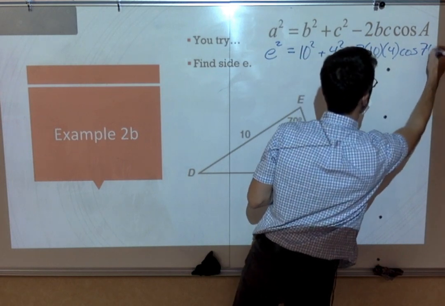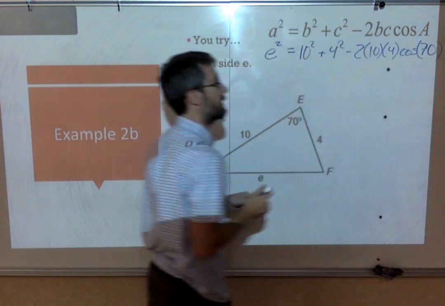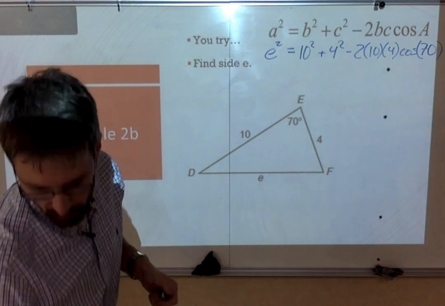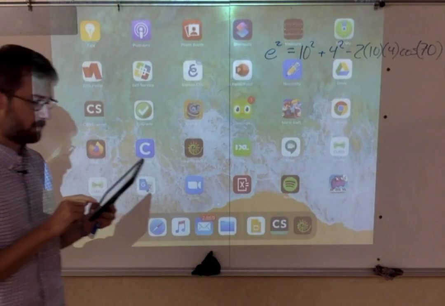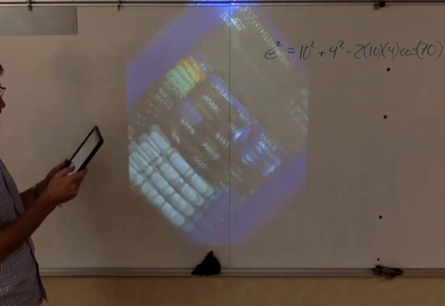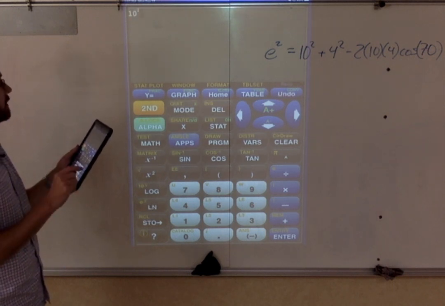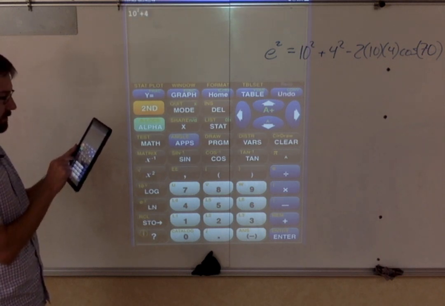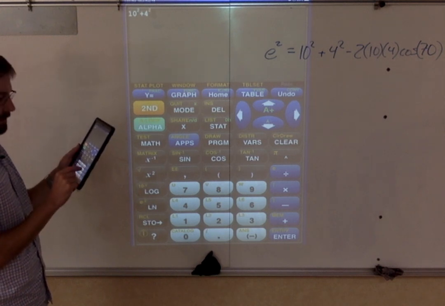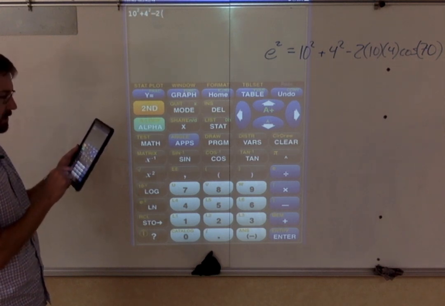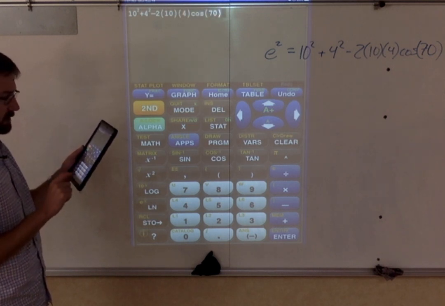So 70, like that. We can just plug it all in. Ten squared plus 4 squared minus 2 times 10 times 4 cosine 70.